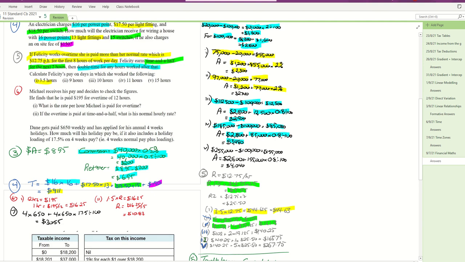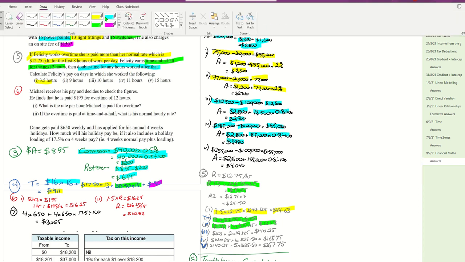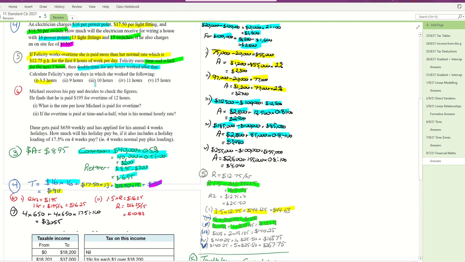Similarly, when we're looking at his next one, he's working 10 hours. For 10 hours, he is getting 8 hours of his normal time, which is 102, and then he's getting his 2 hours at time and a half.